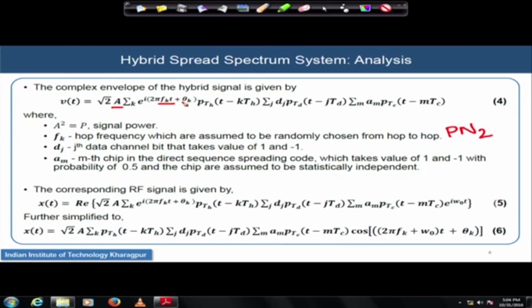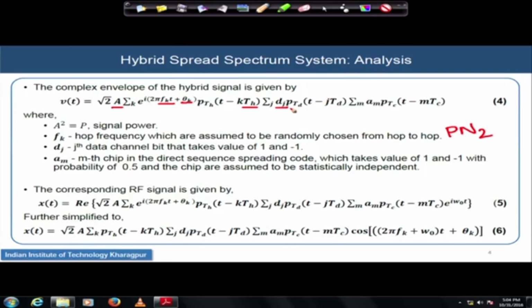Theta k is the random phase associated with the BPSK modulation. PTH is the pulse shape associated with the frequency hopping pulse, and TH is the hopping duration. Dj is the symbol, the transmitted channel bit I should say, and randomly it can take a value of either +1 or -1.